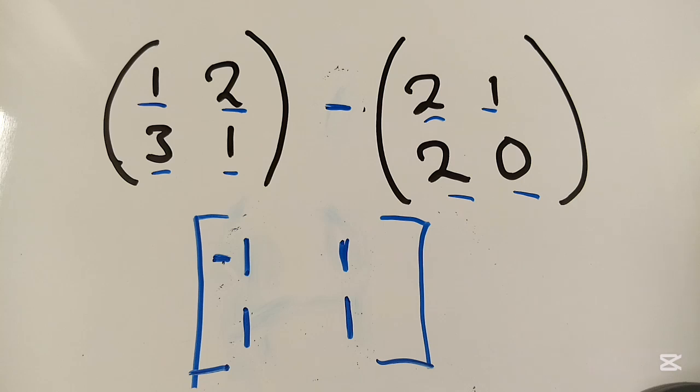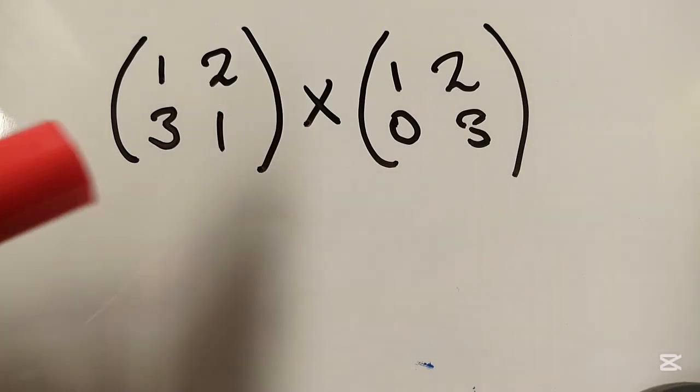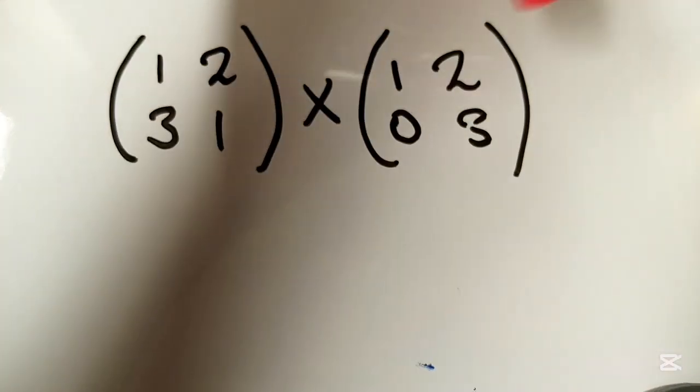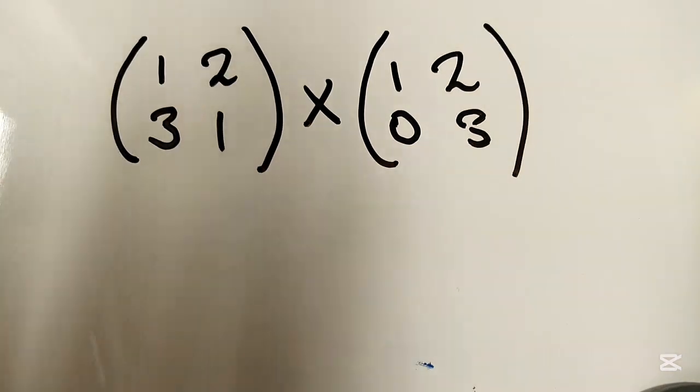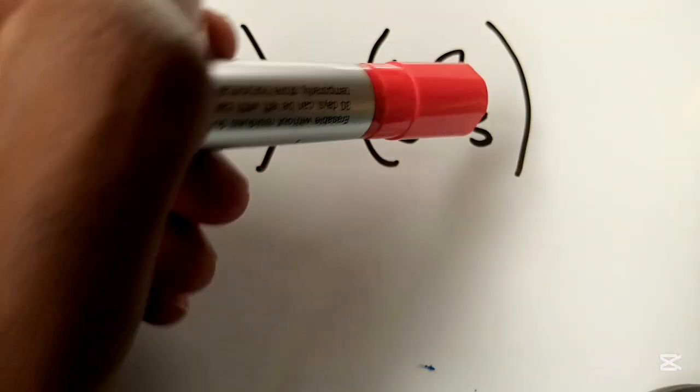Now, let's look at a more complicated one, multiplying. Multiplying is not that straightforward. It requires a specific technique. So let's try that one out. We have this matrix: 1, 2, 3, 1 and 1, 2, 0, 3. When multiplying, we don't just say 1 times 1, 2 times 2, 4.